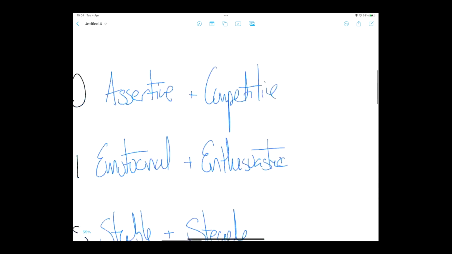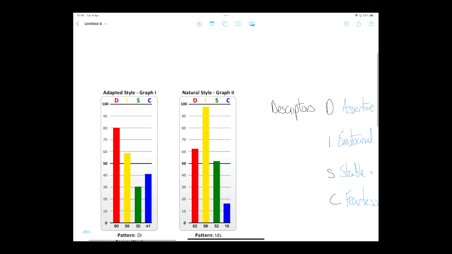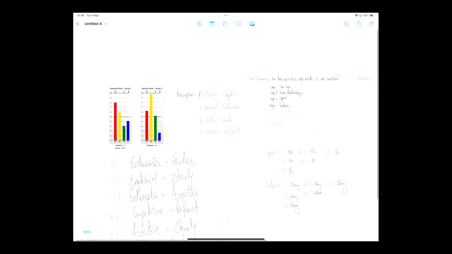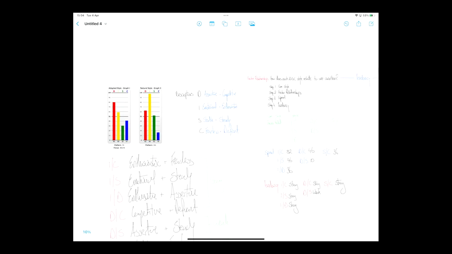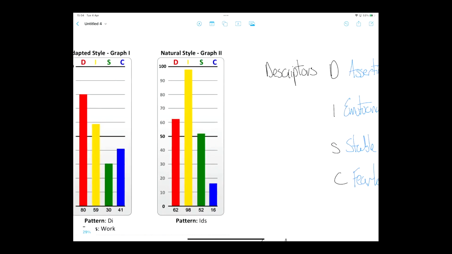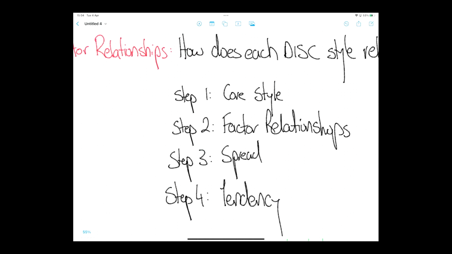So let's take a look at our sample over here. What we can see in terms of the factor is that this person is more of an I style. Their highest score is the I style, so their core style is I. See that? This is the core style. So step 1, we look at their core style.